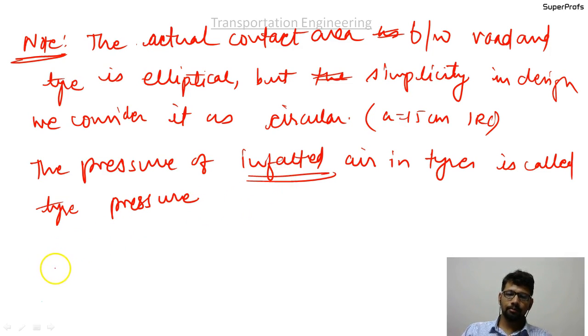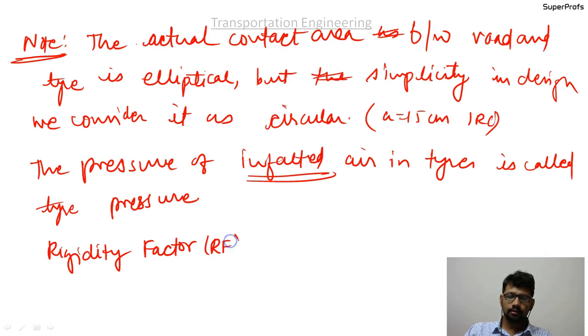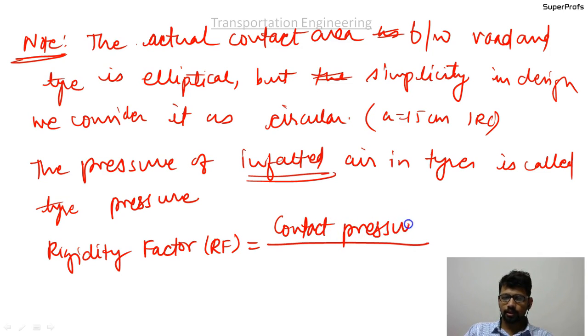One more term is defined, called the rigidity factor, which is based on the contact pressure and the tire pressure, and is given as contact pressure upon the tire pressure.